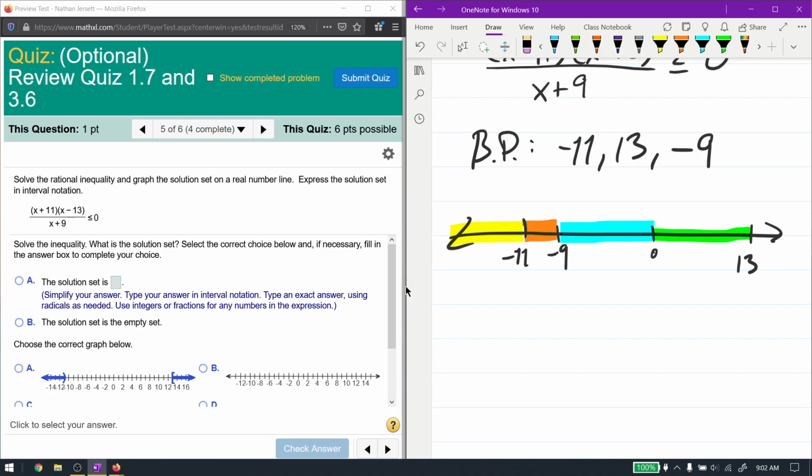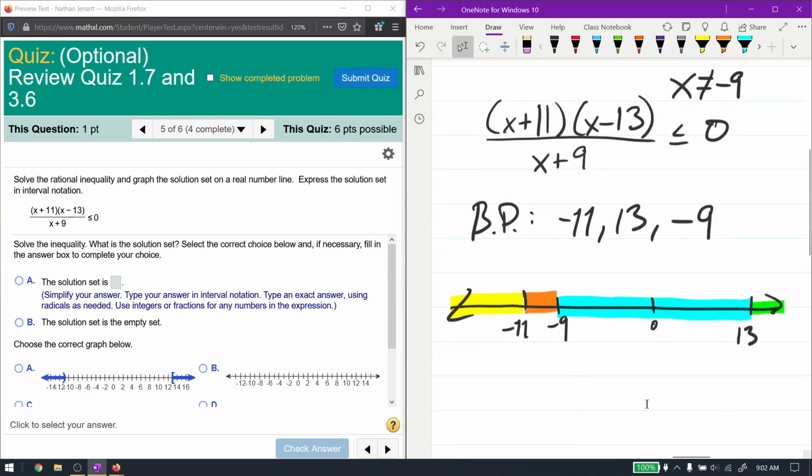Oh, no, the 0 is not a boundary point. My bad here. It's all of this interval. I just wrote 0 for the fact of having 0 in there. So we've got 4 intervals that we have to test.